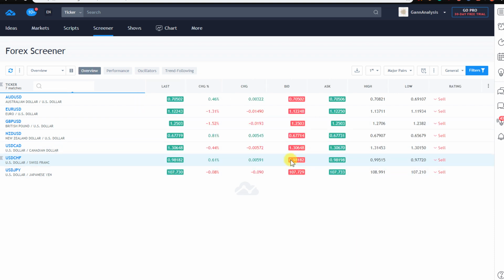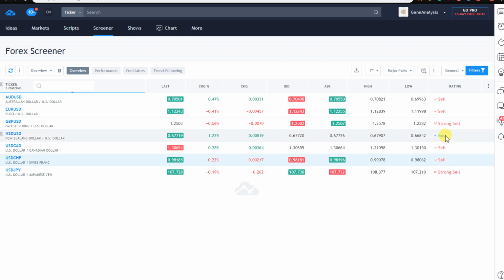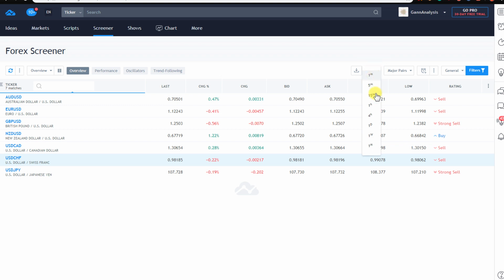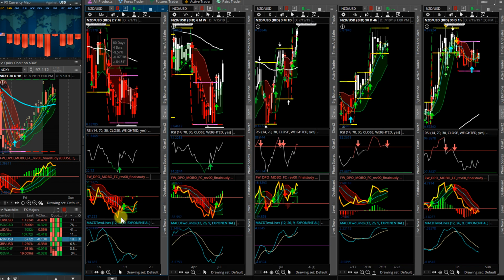Overview, everything is just a sell. Now if we go to the weekly, the New Zealand dollar is a buy. And on the daily, the New Zealand dollar is a buy. So let's look at the New Zealand dollar. That's how you see how your indicators are stacking up against other screeners.